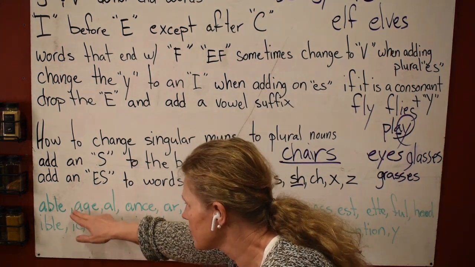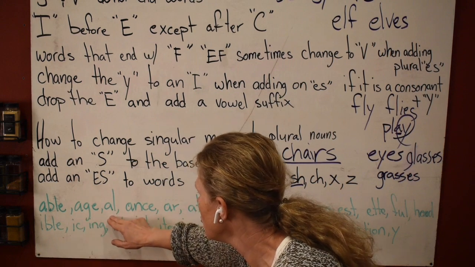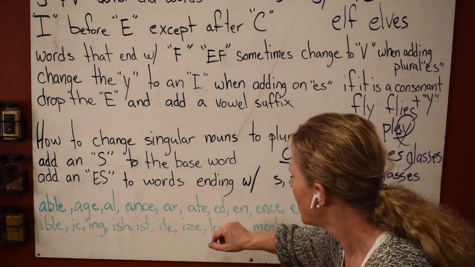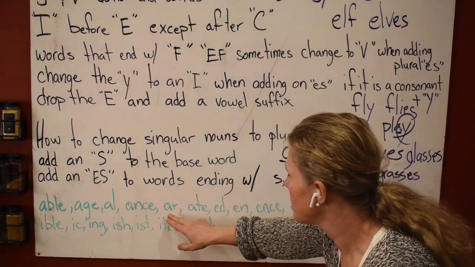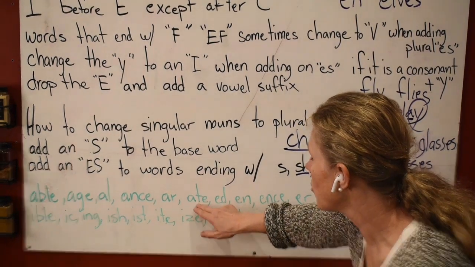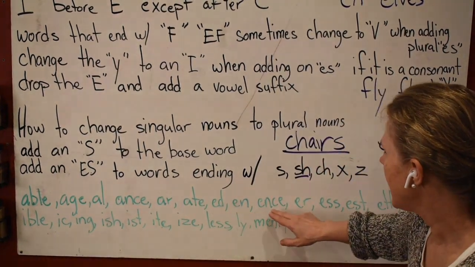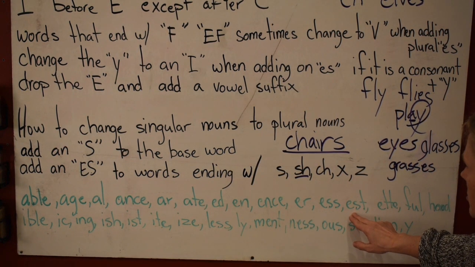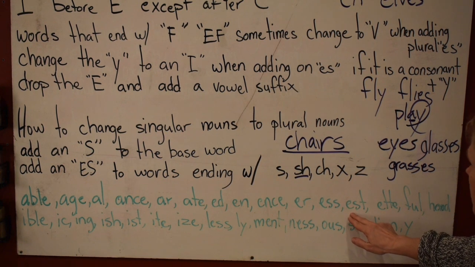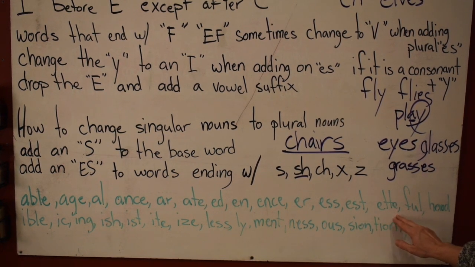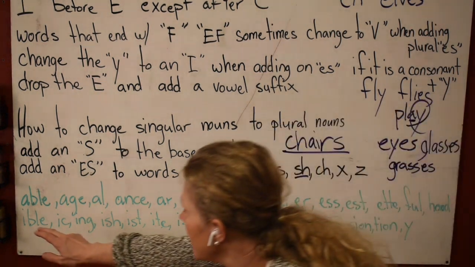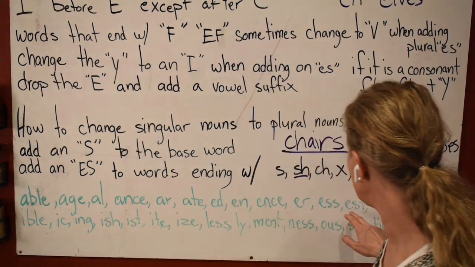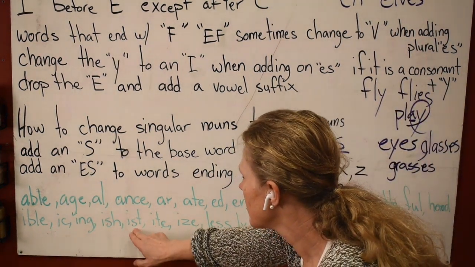Most of the time if it's a suffix it'll say it or ate, ed, en, est, which means the most, which people get completely confused often, ful, hood, ing, ish, ist, that gets confused with est, right?